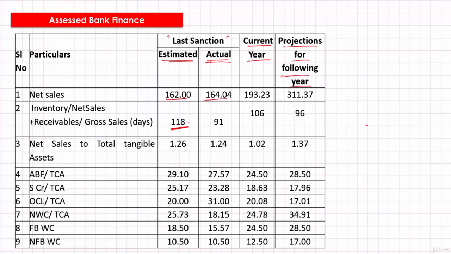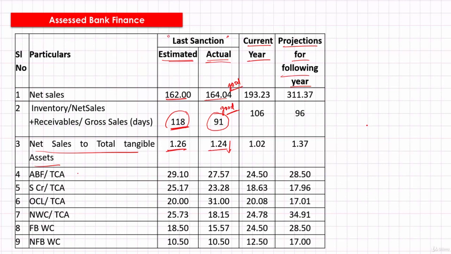This is the working capital cycle. 118 days was expected, but actual was 91. So this is also good because it is better than estimate. And look at net sales to TTA. Estimated is 1.26, actual is 1.24. So there's a marginal decline, but it's not a matter of concern.